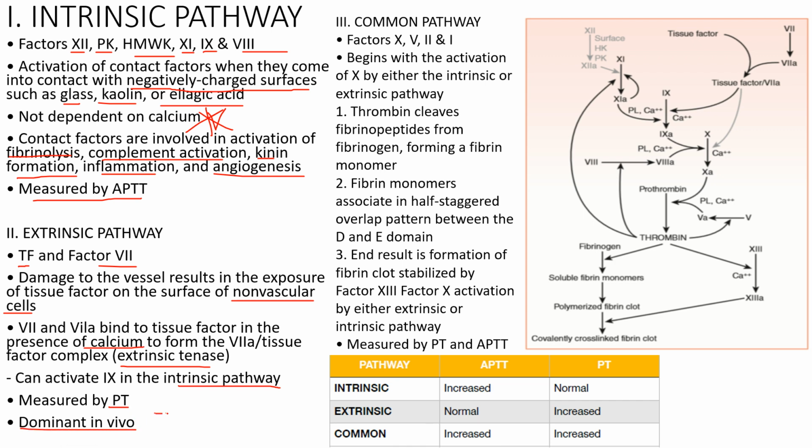Meaning, this is common inside our body, while your intrinsic pathway is the one most usually encountered in vitro because of the exposure to glass, kaolin, or ellagic acid.